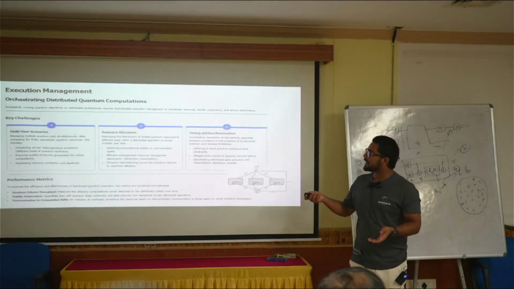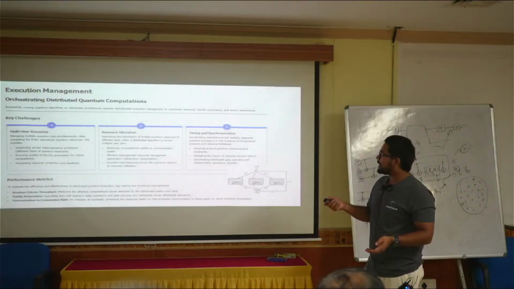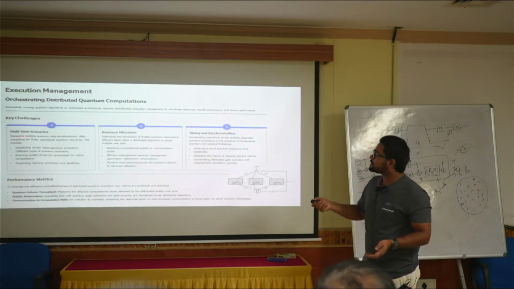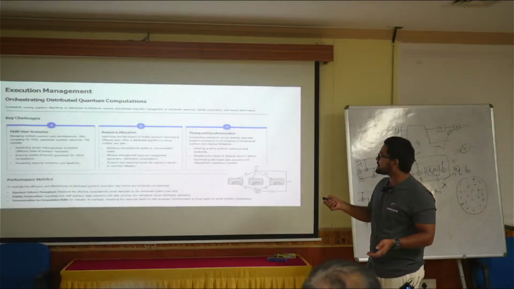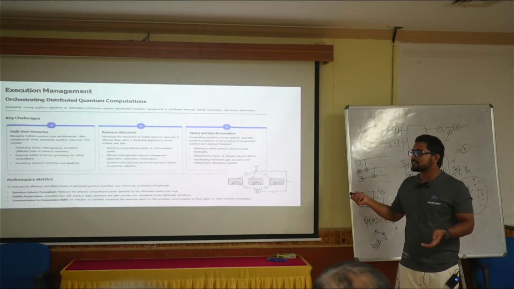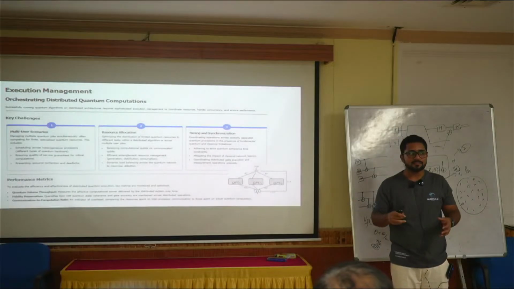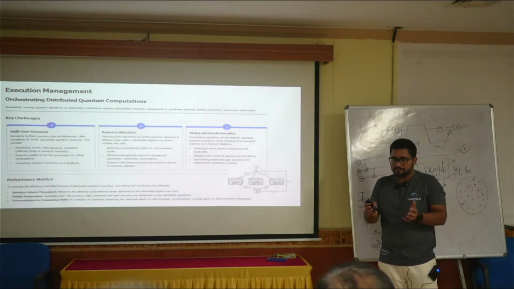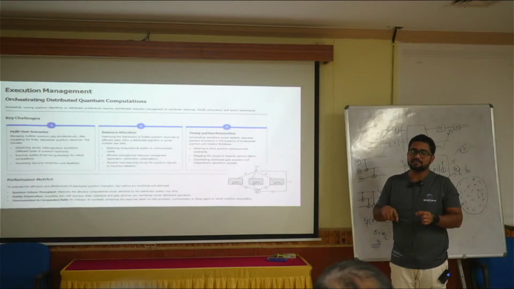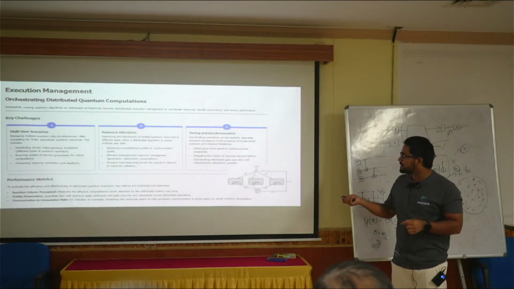This is called execution management, and you can orchestrate distributed quantum computation. It involves multi-user scenarios, resource allocation, timing and synchronization. You have to have a central controller that has all the information about the different processors, the quantum channel and classical channel in between, and you can establish a network.